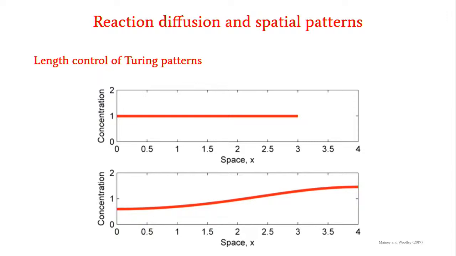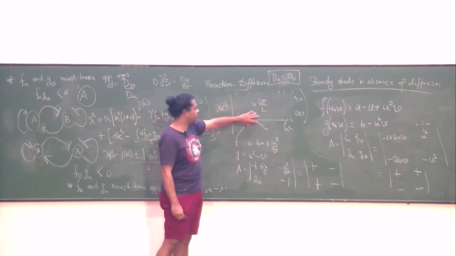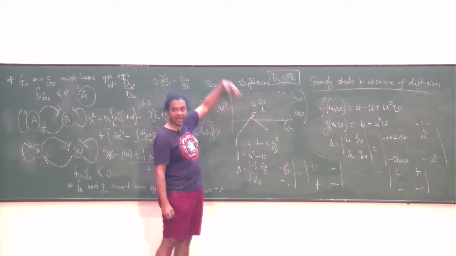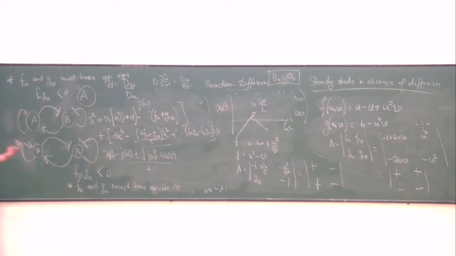So you have now destabilized the steady state once you have increased your length. And why is that? Because in the earlier case when L was 3, with the same parameters for both of these figures, there was no wave vector that was allowed and had this positive eigenvalue. But in the second case, there is some wave vector, and you get a characteristic length scale that will appear for these perturbations.